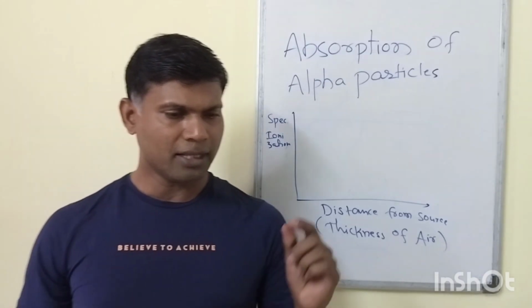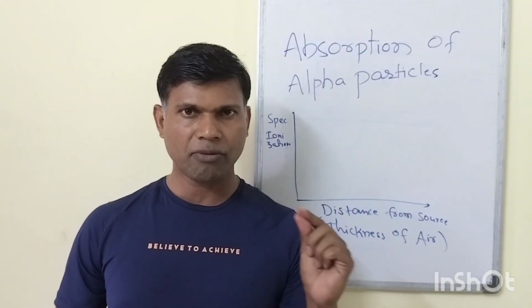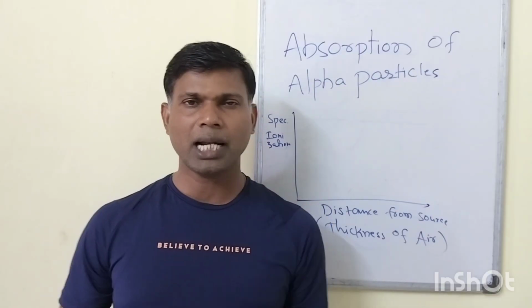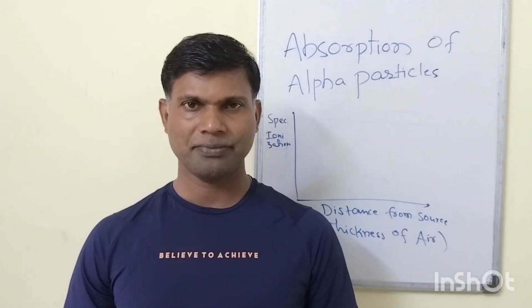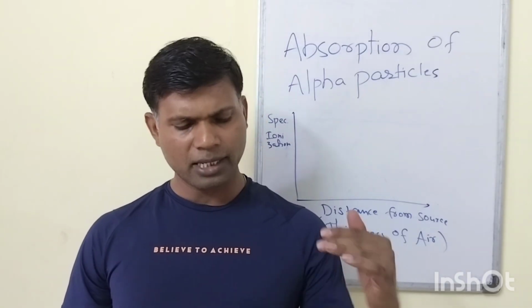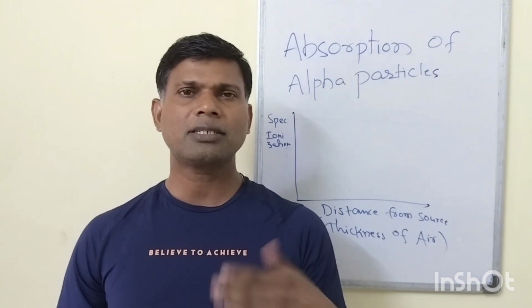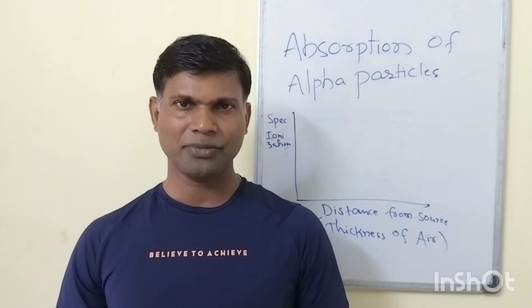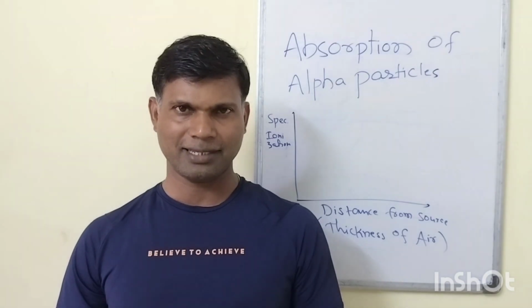The alpha particle coming from the source, immediately the energy of that particle is maximum. At the moment it enters the medium itself, it starts interacting with the medium, so the energy of that alpha particle keeps on decreasing.